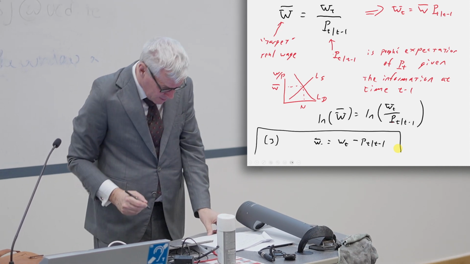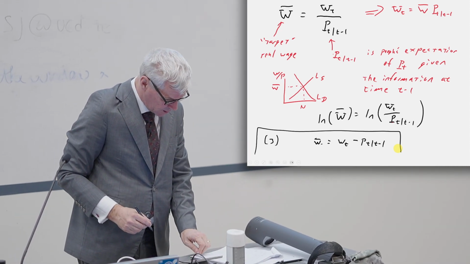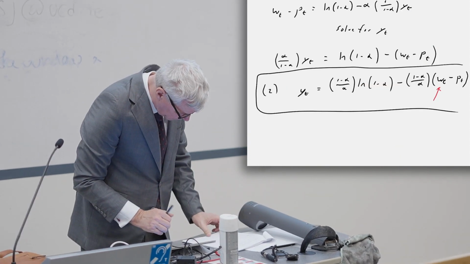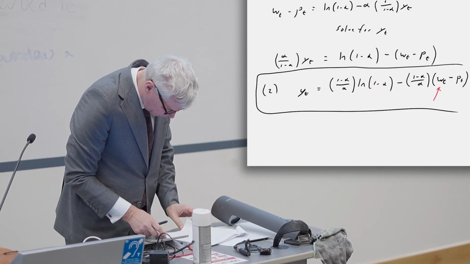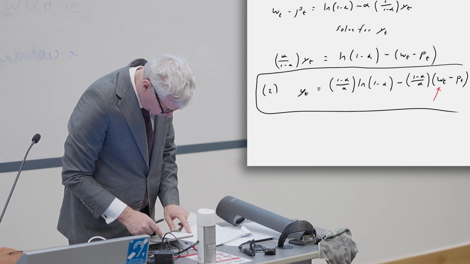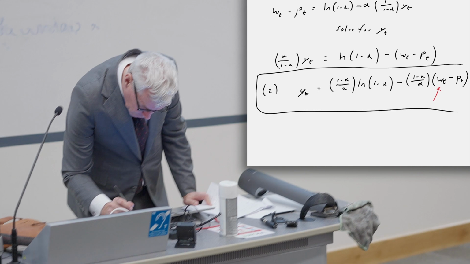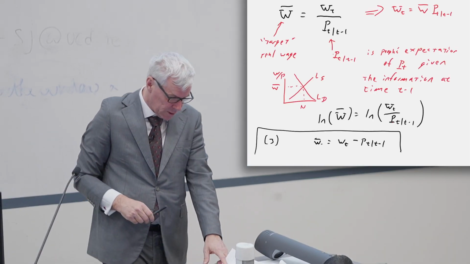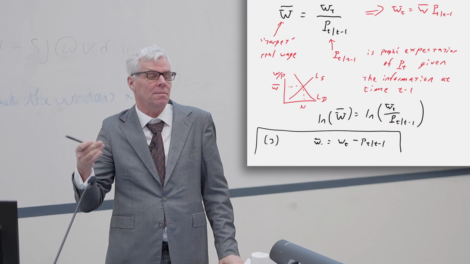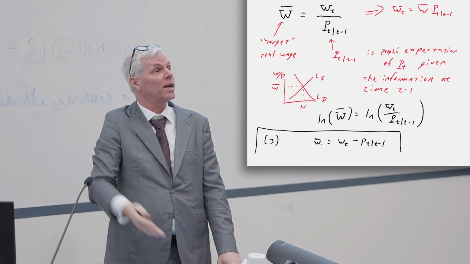Okay, so we've got this, and we've got, what do we got? Oh, I know what I want to do. Okay, so what I'm going to do is I'm going to subtract p_t from both sides. Okay, I can do that. What does it get me? You can subtract 20 from both sides.